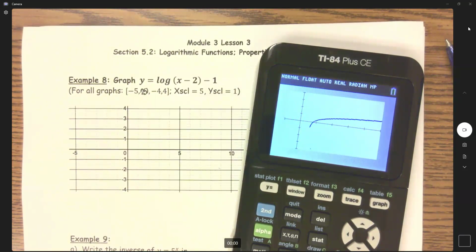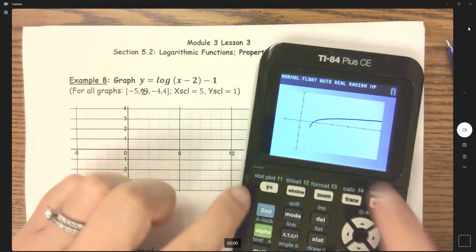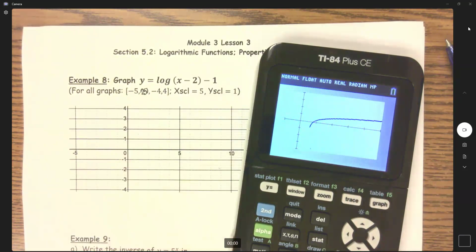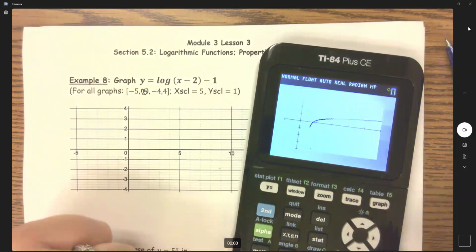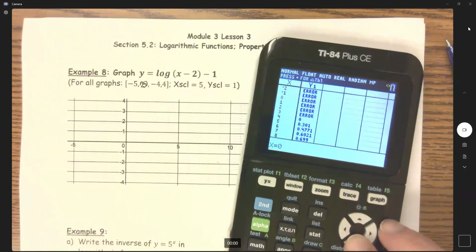Okay, now let's go ahead and grab our points real quick, and then I want to come back and talk about this graph that we see on our graphing calculator. So I'm going to go second table to get some ordered pairs.